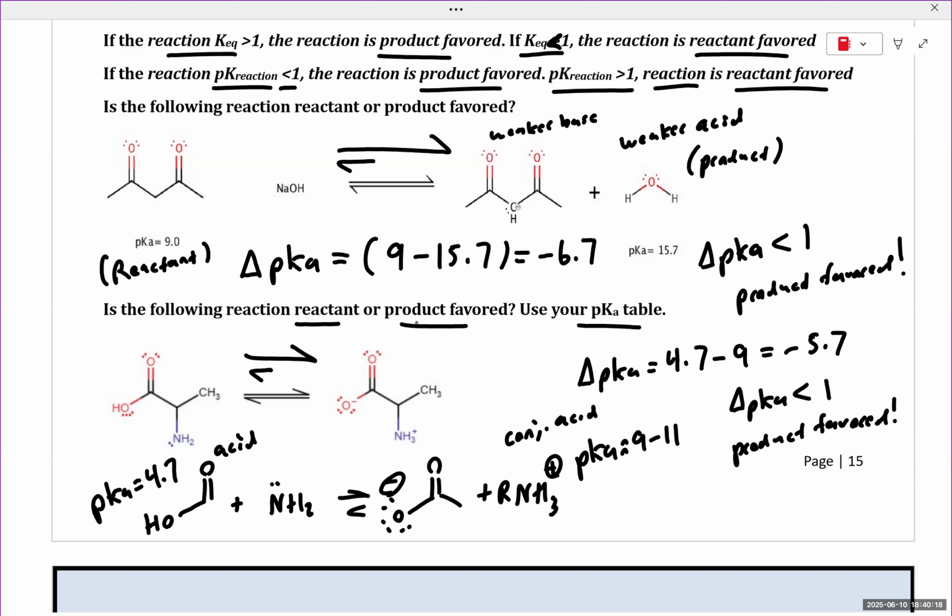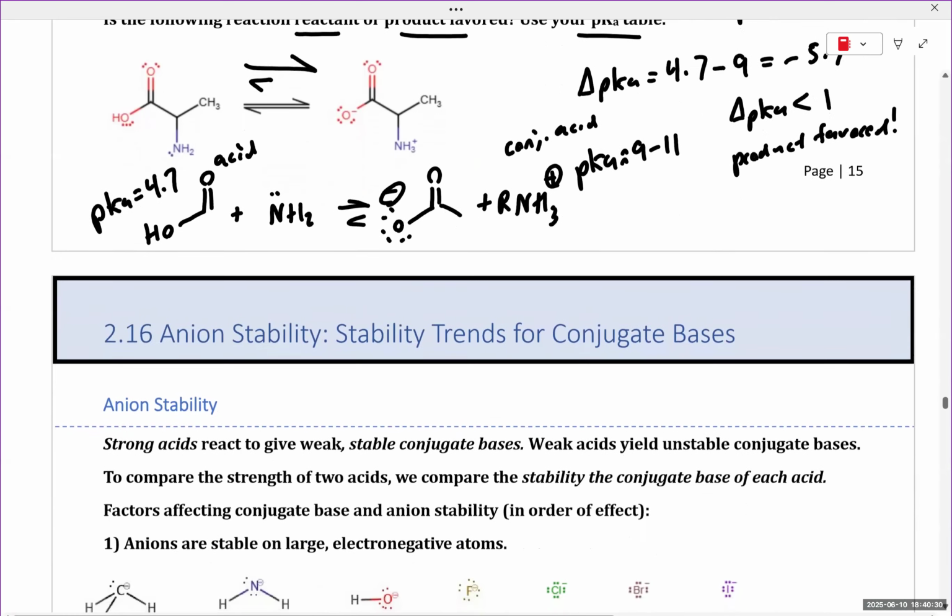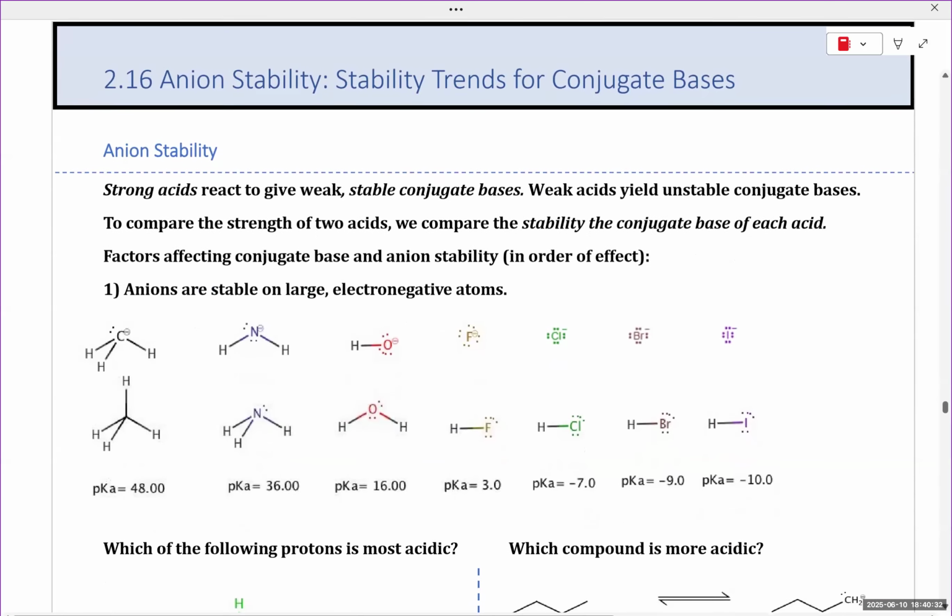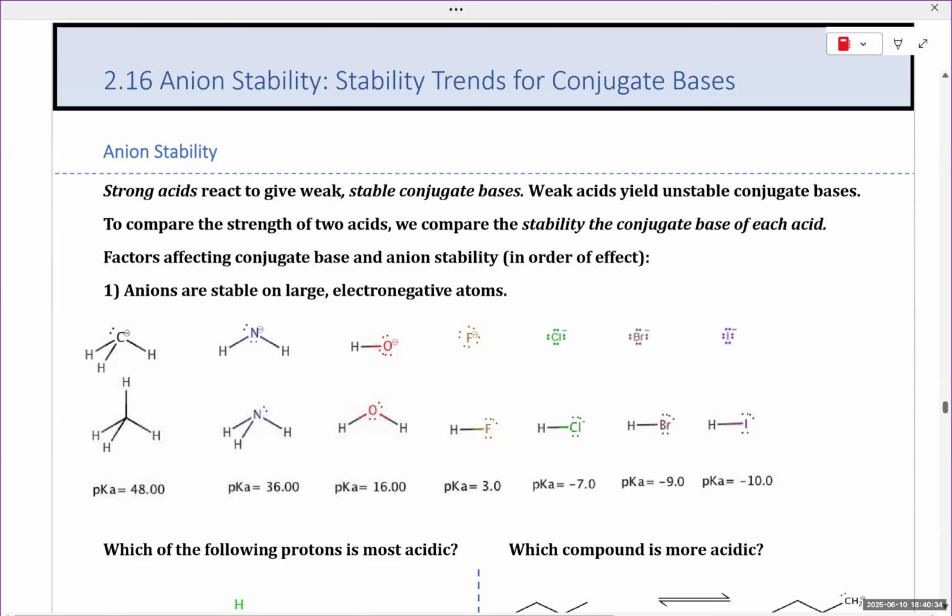Okay, so as you've seen, we can use pKa values and the difference between the reactant and product acid pKa values to determine whether a reaction is reactant or product favored. Let's take a look now at some anion stability trends.